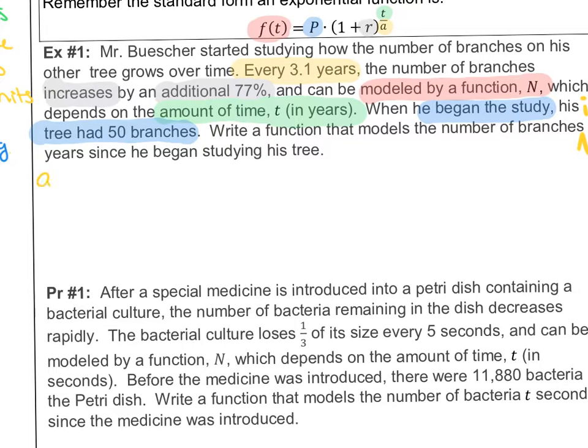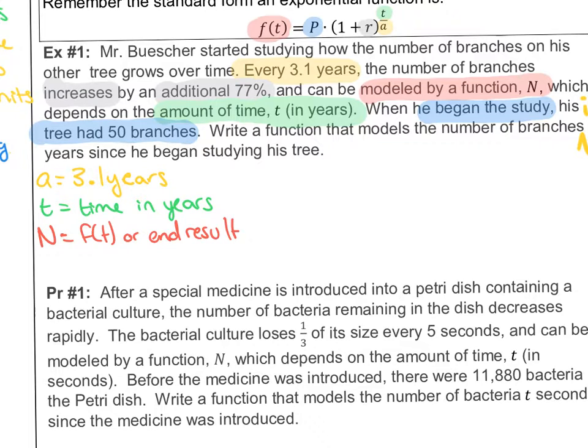Okay, so we have our A is 3.1 years. And then we have our T, which we don't actually know how many years it is, we just note some kind of T, is time in years. And then we know our function is modeled by n, so this is like our f of t or end result.